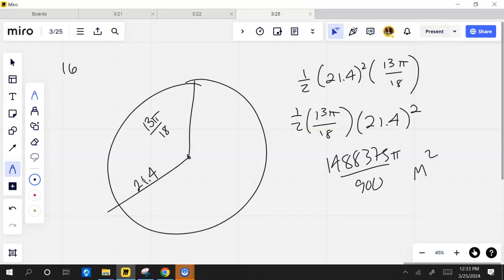All right, uno más. 19, a wall clock is divided equally into 12 sections.